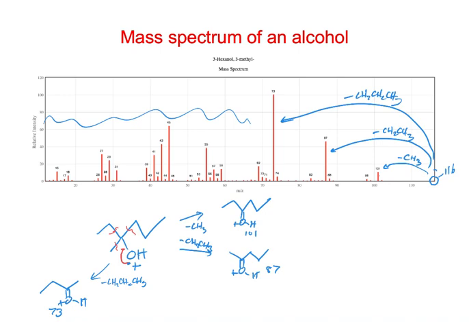Because once you get down so low, I think it doesn't really give you very much structural information if you're just seeing an ion of a very small piece. Like, oh, here's 29, you're like, oh, maybe we've got an ethyl cation. Or here's 15. Those don't tell us very much because so many molecules would have that.